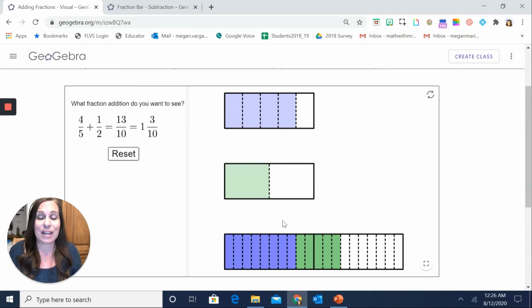We have 10 as our common denominator, so we're cutting each piece into tenths. So the 4/5 becomes 8/10, and the 1/2 becomes 5/10, and you can see that shaded. And then together we add them up and get 13/10 or 1 3/10, like we saw before.